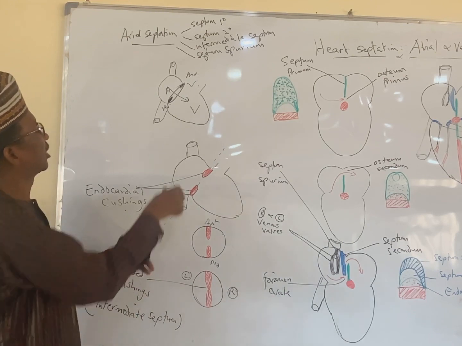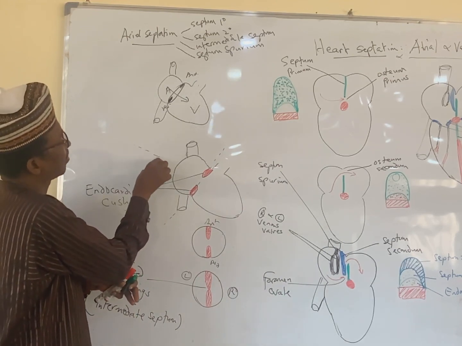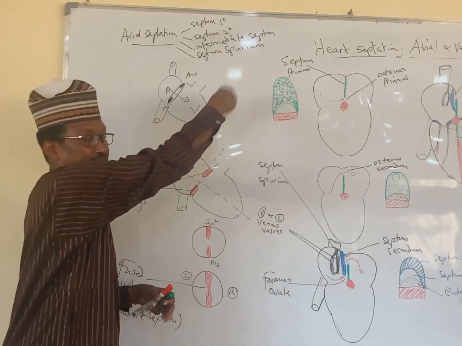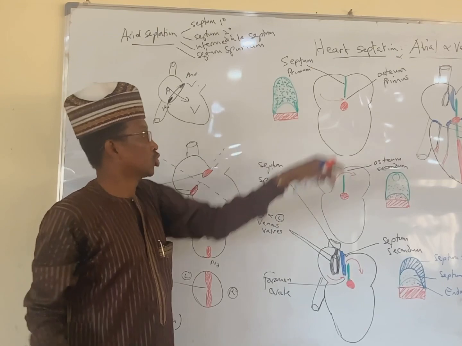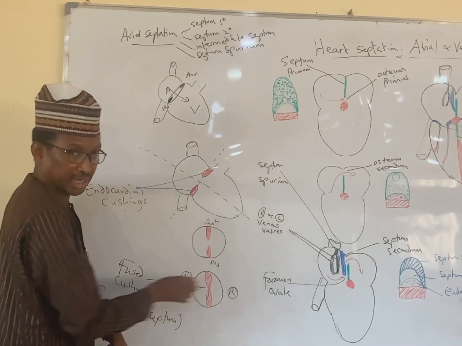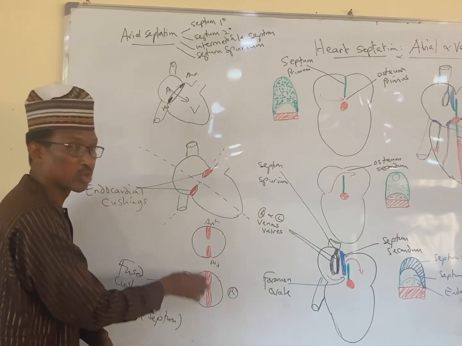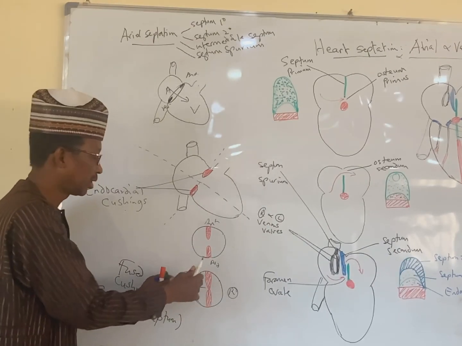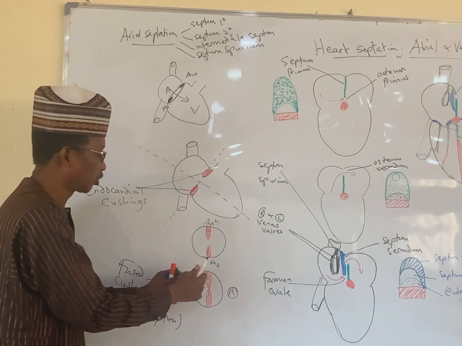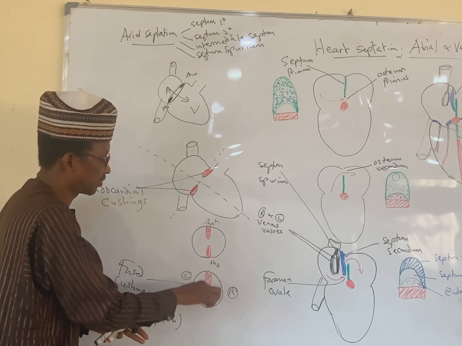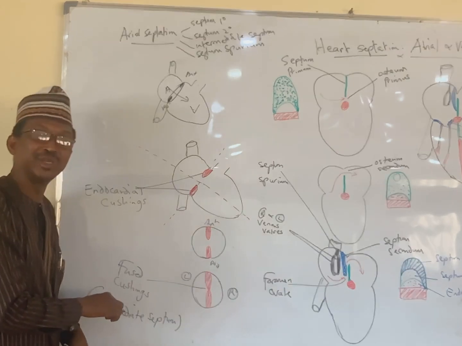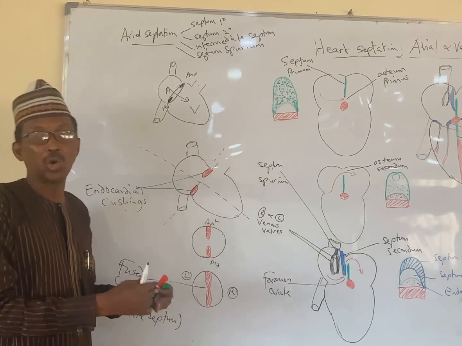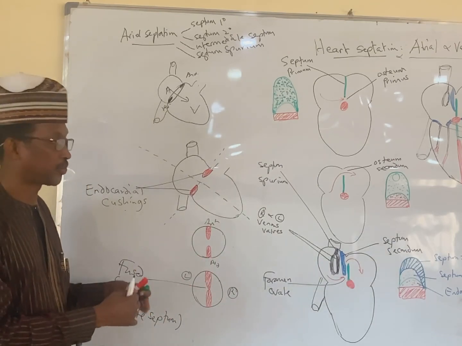By the time you cut across this endocardial cushion, since the two cushions unite, they form something like a partition of the common atrioventricular canal into two. This cushion is now called the intermediate septum. So the two cushions, after uniting together, are now called the intermediate septum.